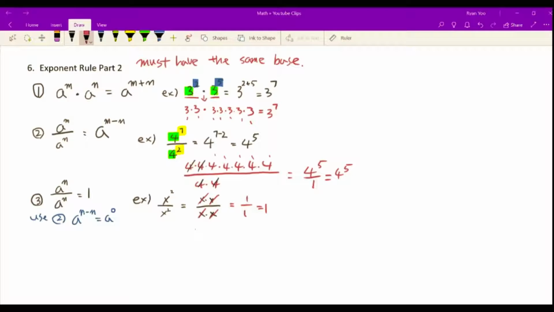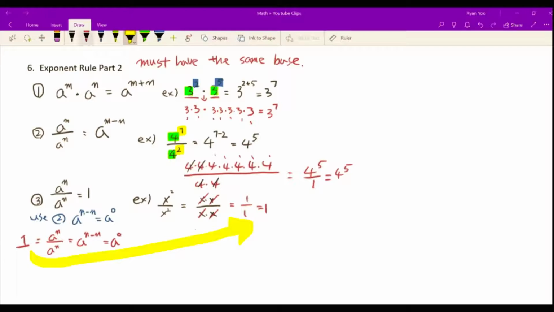We found out that a to the nth power divided by a to the nth power is indeed, if I use the power rule, a to the n minus n, which is a to the 0. But we all know from the very beginning what the answer is equal to. This is 1, because where is it coming from? It's coming from same thing over same thing right over here.